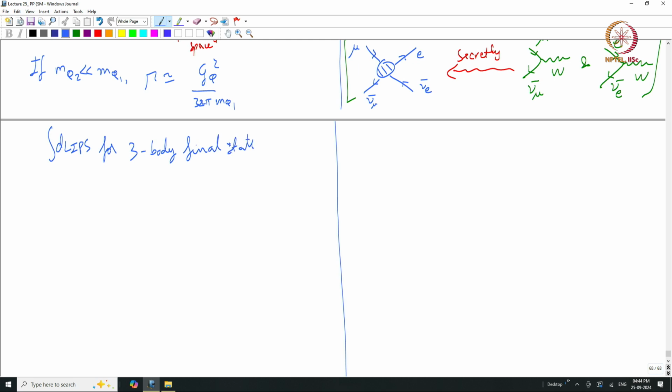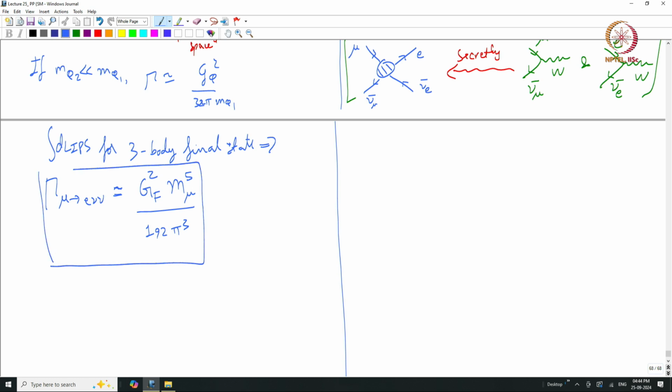But all said and done, we get an expression that makes sense once we look for the sense-making bits. It will look like this: m_mu to the 5, then there is a 192 pi cubed.